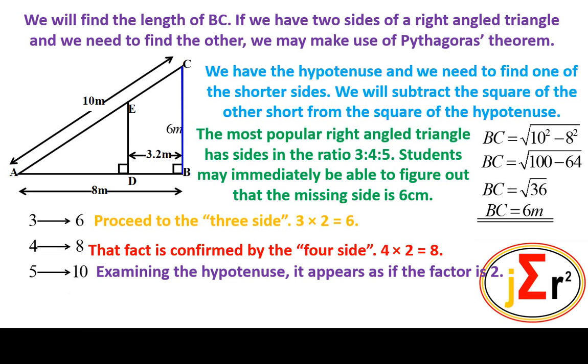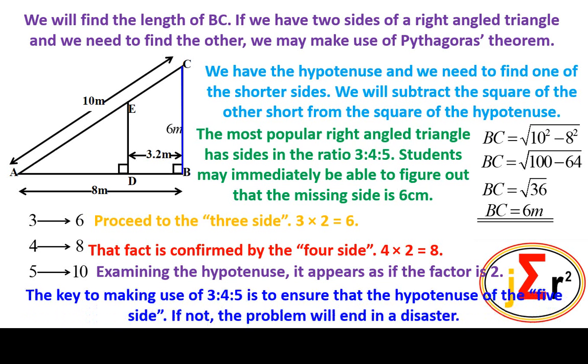There's no difficulty. All of this process need not be recorded or documented. The student will be able to do all of these mentally and in a few seconds figure out that that missing side is 6 meters.